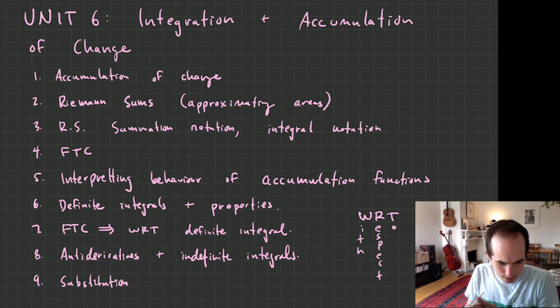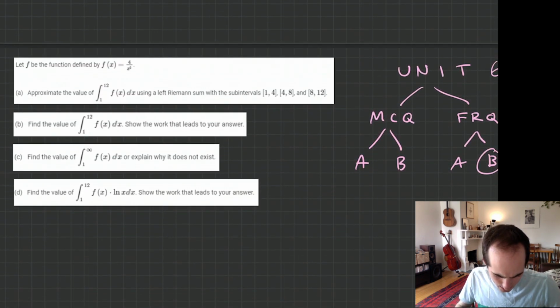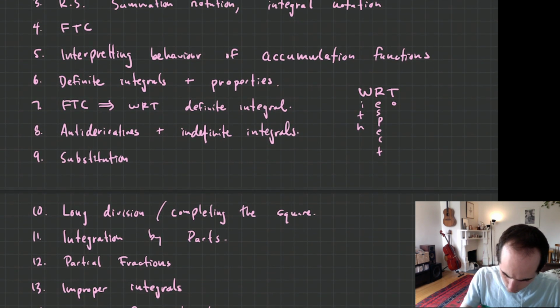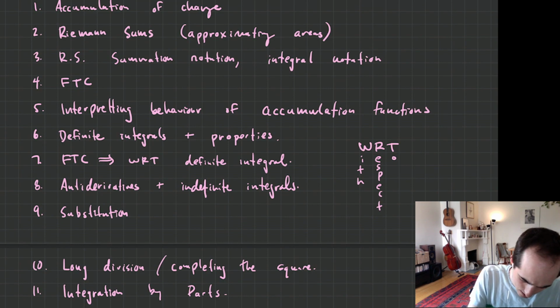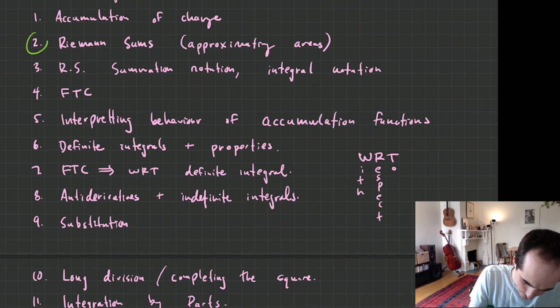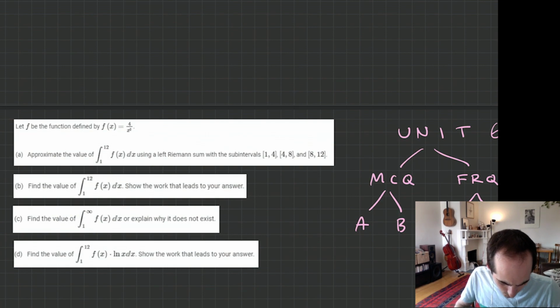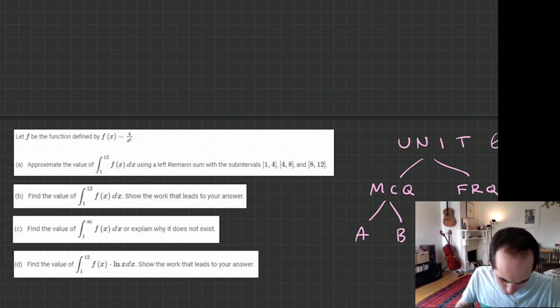So I think that the question that I've selected here, well, it uses Riemann sums. So we're going to take a look at, I guess, 2. And I suppose it kind of bleeds into 3 as well. So for part B, we will use the fundamental theorem of calculus.